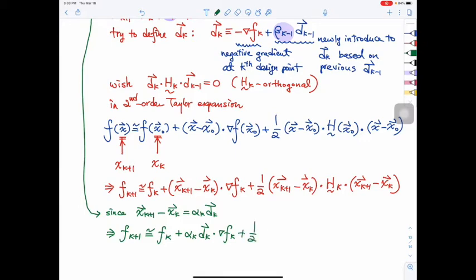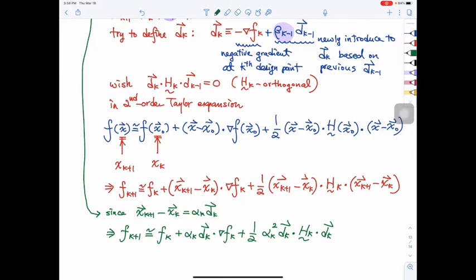Here I have alpha_k d_k, dot product H_k, dot product another alpha_k d_k. So alpha squared. So this is one step.